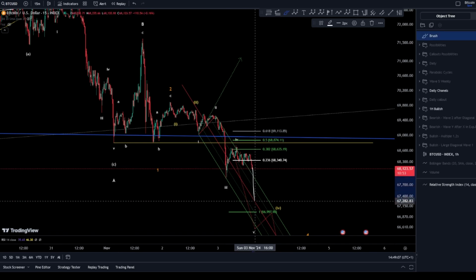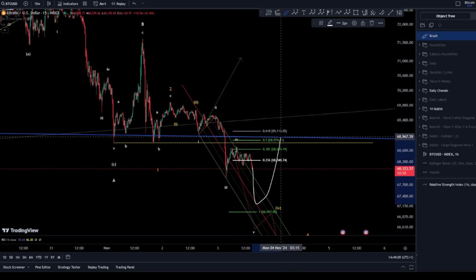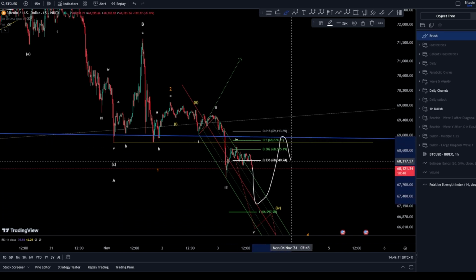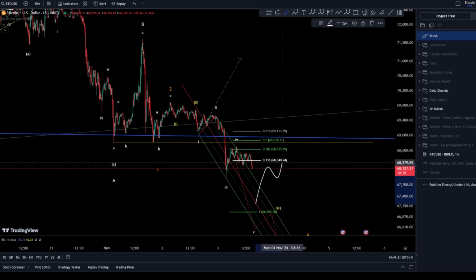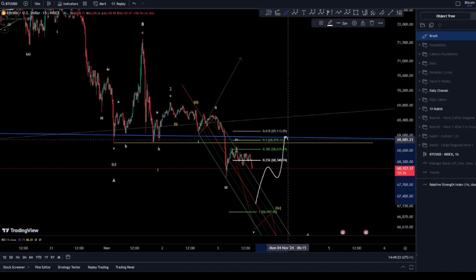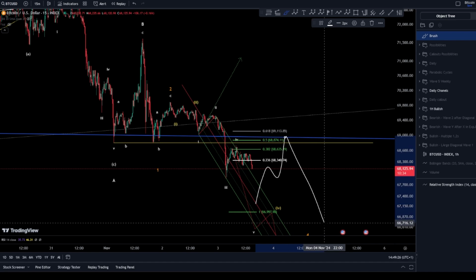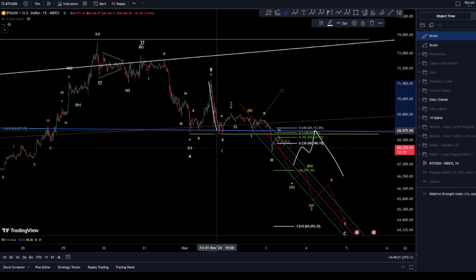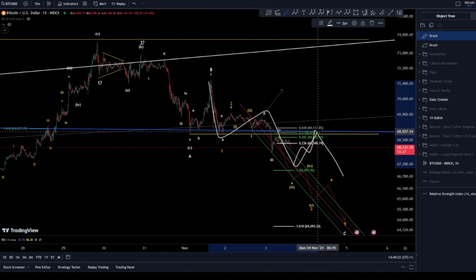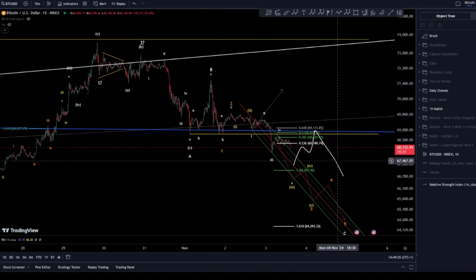So if it goes into a wave 5 and goes back towards the upside, it might happen that it cannot continue. After trying to break it, it might create another 3 waves up and then continue towards the downside. In that scenario, it's going to transform this into a 1, 2, 1, 2, and then of course continuation towards the downside, guys.